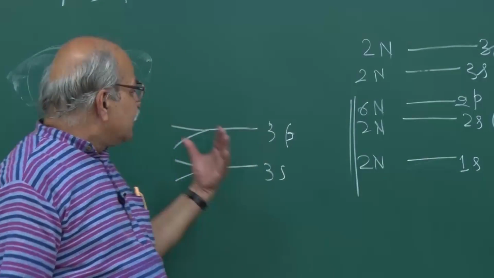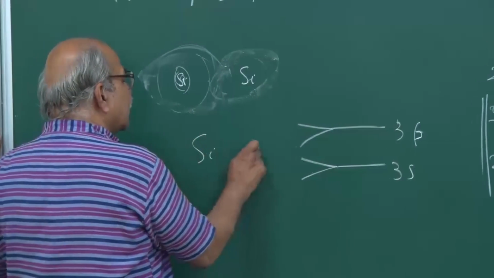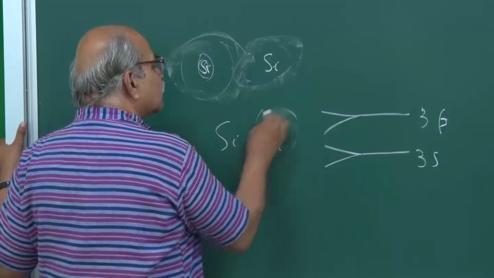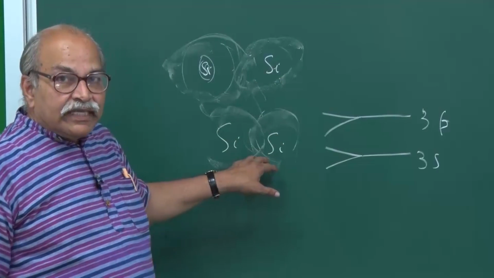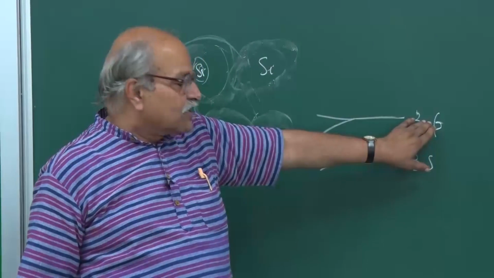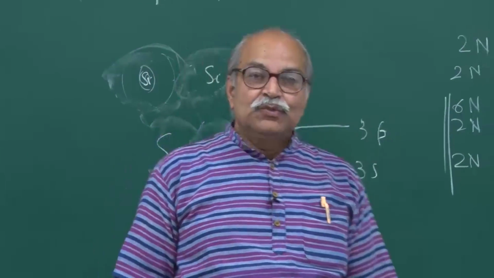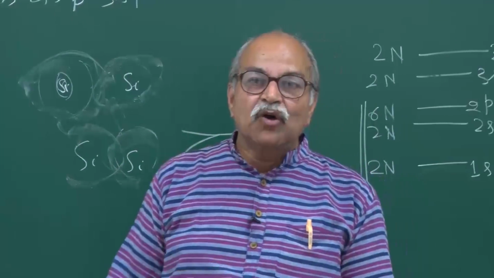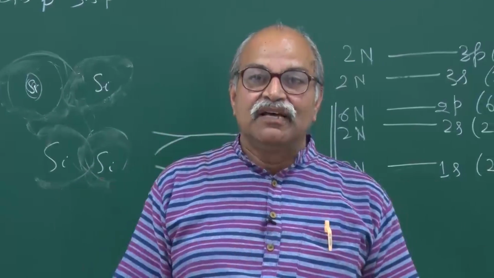But then when several silicon atoms come close and their electron clouds start overlapping, then these S quantum states and P quantum states get mixed up. So you construct linear combinations of these S wave functions and P wave functions.